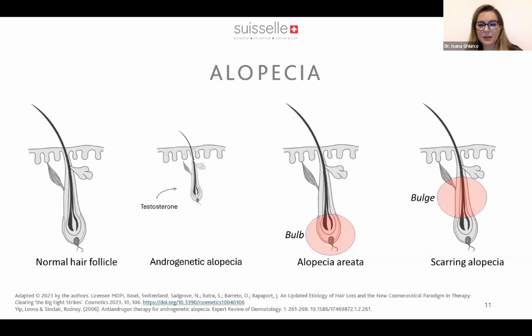There are other types, telogen effluvium, drug-induced alopecia, and many others, but these are the most common, so we will not continue with the explanation of the other types.